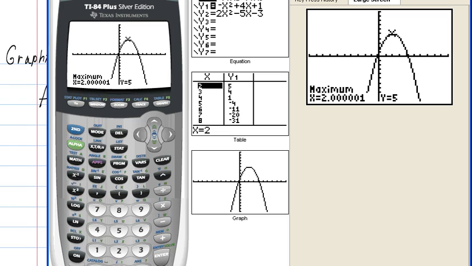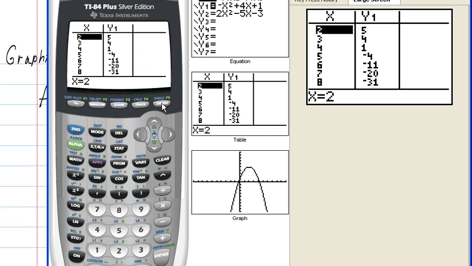So there it is. It's still blinking on our maximum. We now want to find the x and y intercepts. I'm going to give you a few ways to go about it. Here's one way. You can investigate your table. Here's this blue feature, this table feature. If I go to second and graph, it gives me the table of values, basically ordered pairs for that equation.